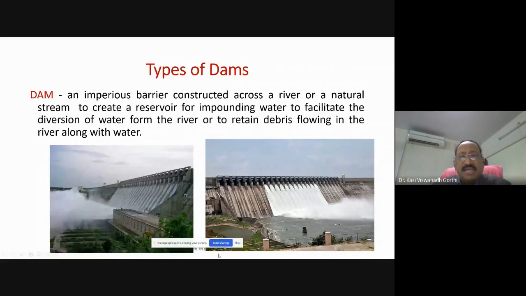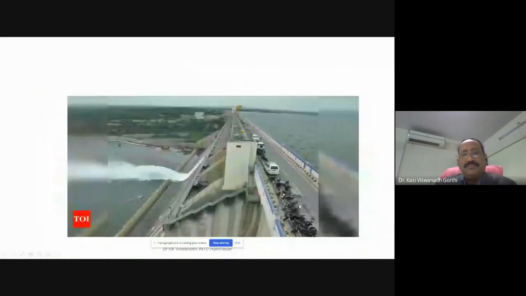The figures clearly depict a dam which is constructed across a river. Of course, this is the downstream portion of a dam. Similarly, in the second picture also, the downstream portion of the dam is shown. This picture provides both the downstream and upstream aerial view.